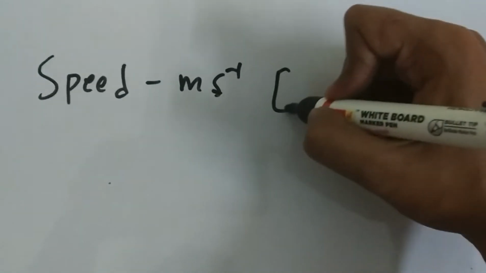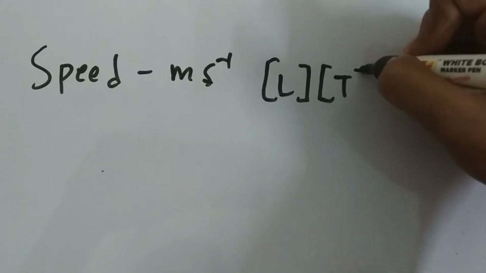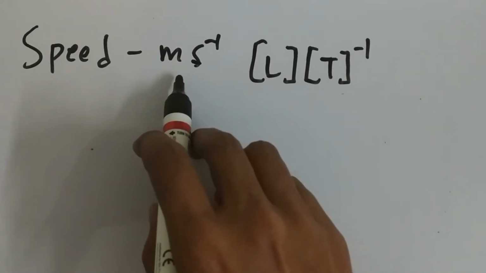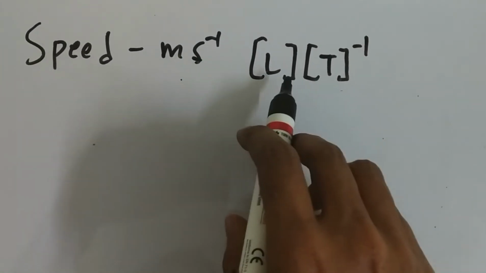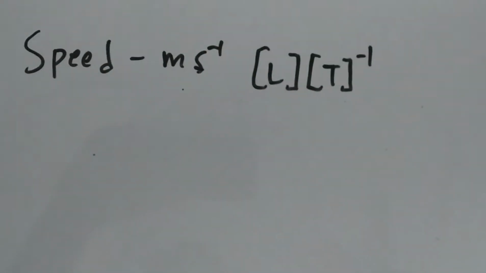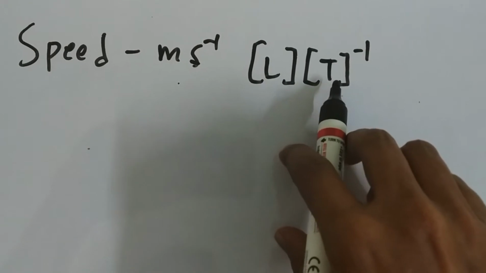Its dimensions are length per time. Its SI unit is meter per second. Its dimensions are length per time. That is capital L per capital T.